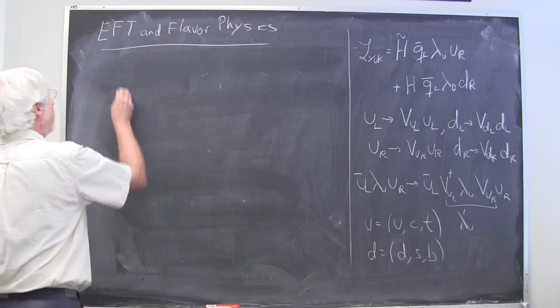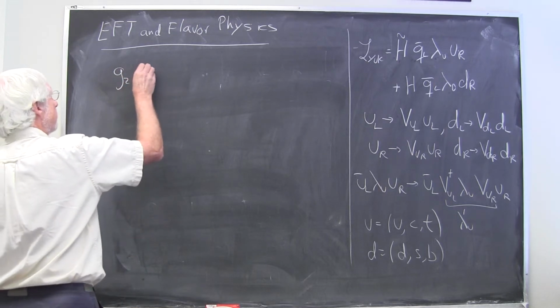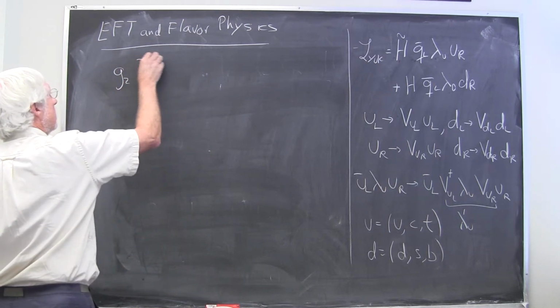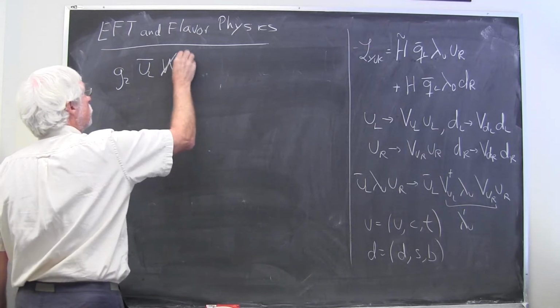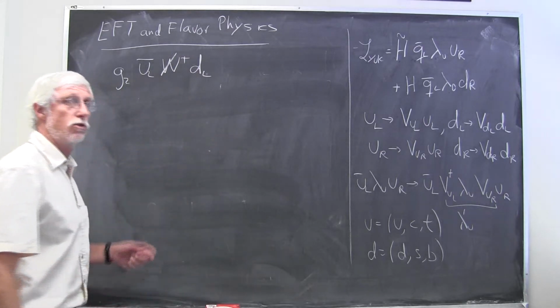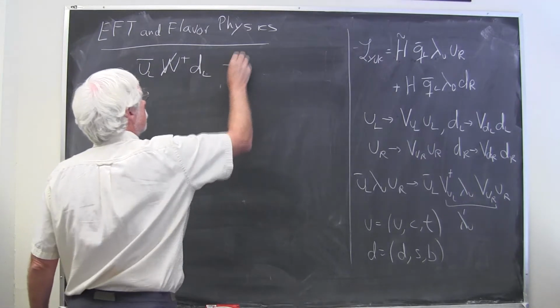But there's a set of terms in the Lagrangian that connect the up to the down type quarks, and that's the interactions with the charged W bosons.